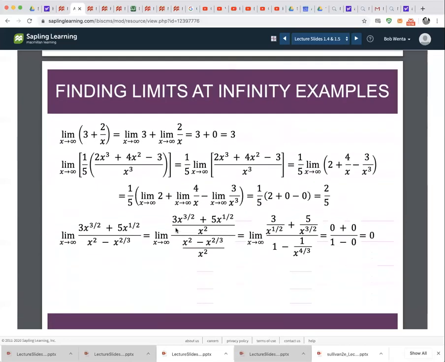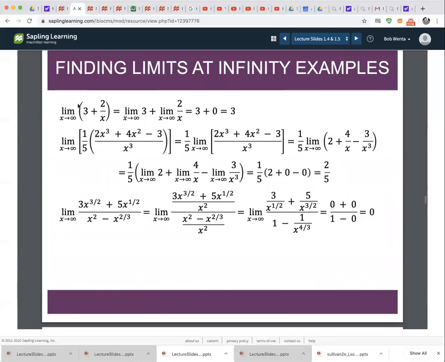Well, look here. At infinity, we've got this function. What's the limit as x goes to infinity of 3 plus 2 over x? Well, let's split that up. The limit of a sum is equal to the sum of the limits. That's one of the rules that we had. The limit as x goes to infinity of 3, well, there's no x there, so that's just 3.